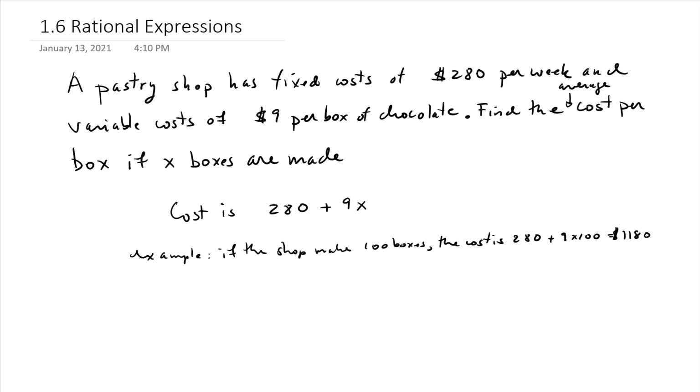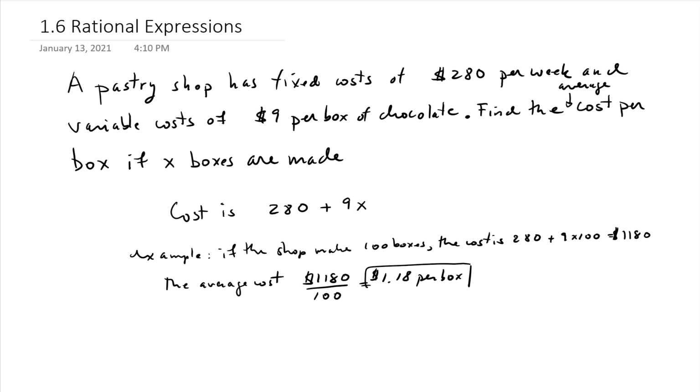Now the average cost would be that amount for producing those 100 boxes of chocolate divided by how many you made. So divide by 100. So it would be $1.18 essentially per box.